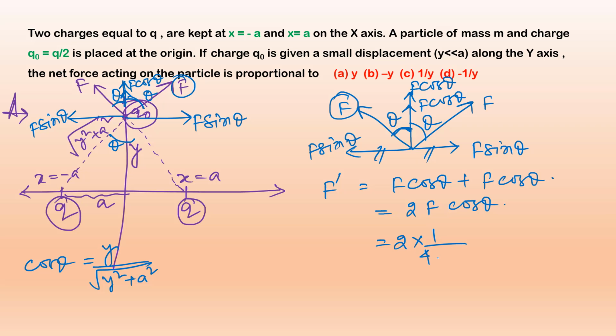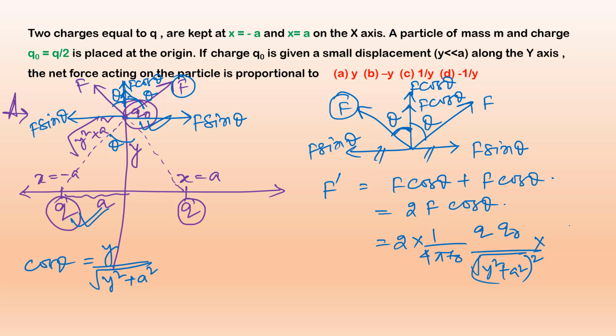Force is 1 by 4 pi epsilon naught multiplied by q multiplied by q naught, as these two charged particles are separated by a distance of under root of y square plus a square. So we'll consider this divided by under root of y square plus a square, that whole square, multiplied by the value of cos theta.